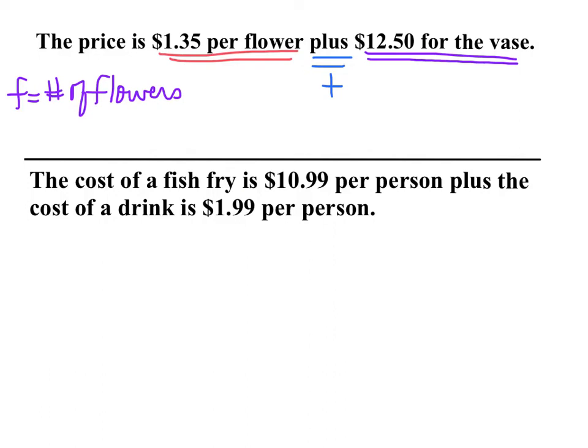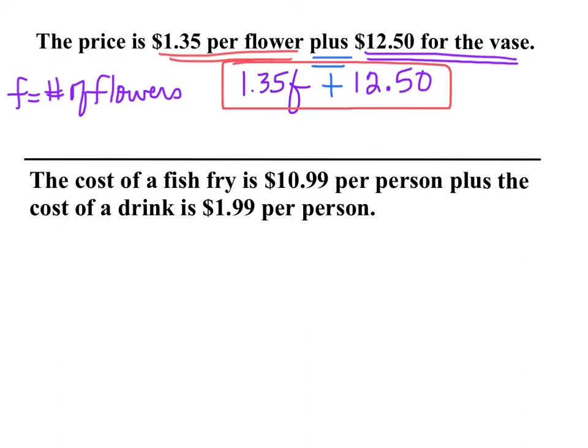So I know I have to add that into our expression. And then right here, $1.35 per flower. So that would be $1.35F for the number of flowers. So right here is our expression. 1.35F plus $12.50. I have to multiply the number of flowers by $1.35 and then add the $12.50 for the vase.